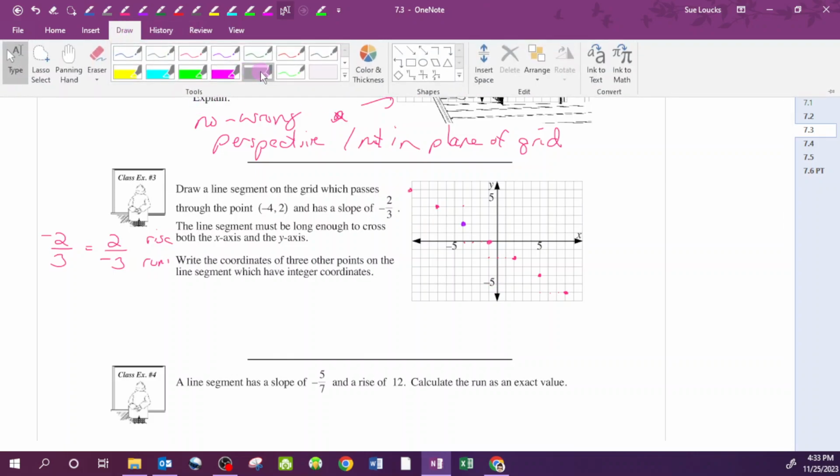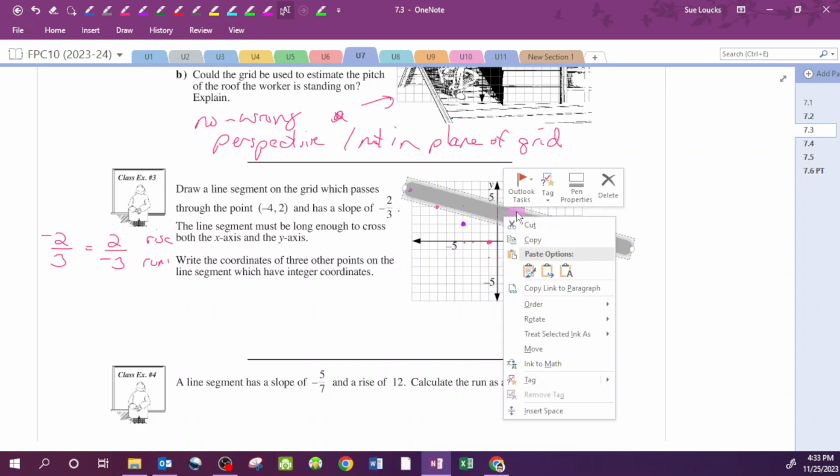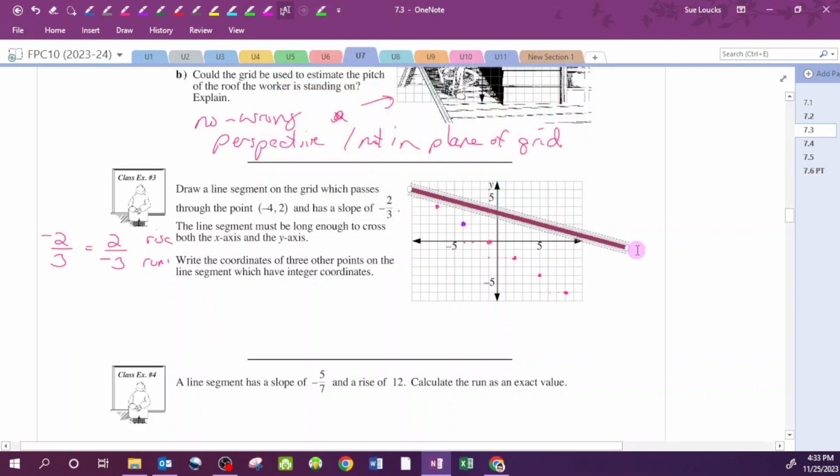And then we draw a line through them very carefully with our ruler. Well, that's a big fat line. That's not what I want. How do I change that? Pen properties. Let's go down here and make it that color. Is that better?